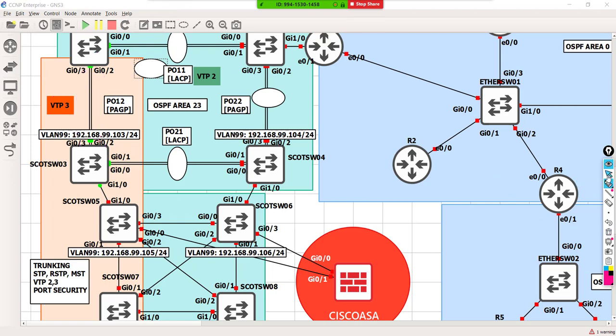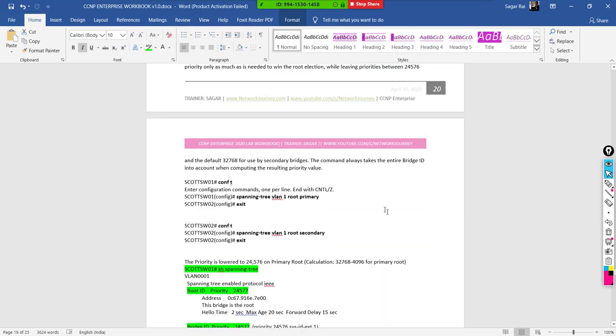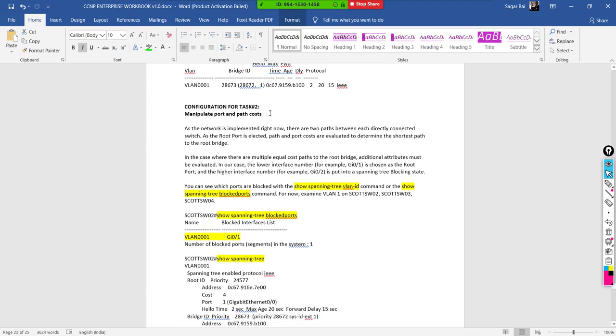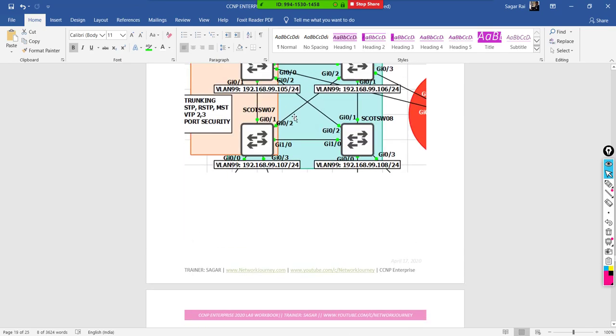What I will do is reduce the cost for 0/3, so that it gets picked up and my 0/2 gets blocked, because that is what is being asked by my management, to block that and enable the other one.